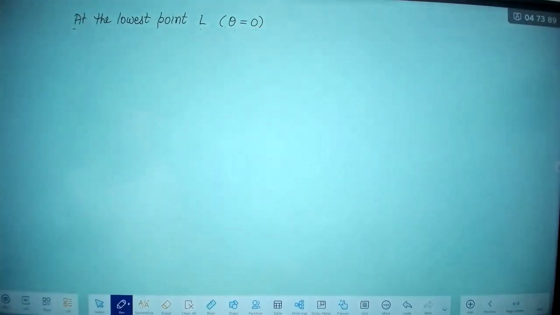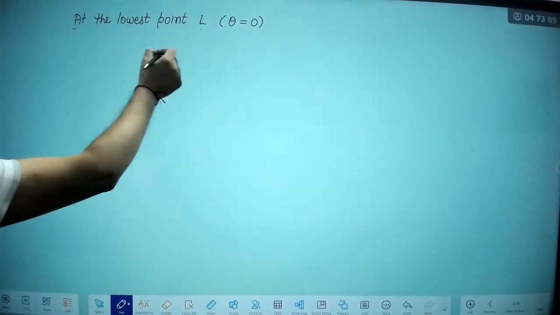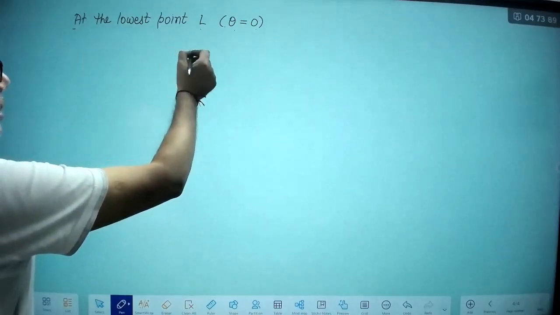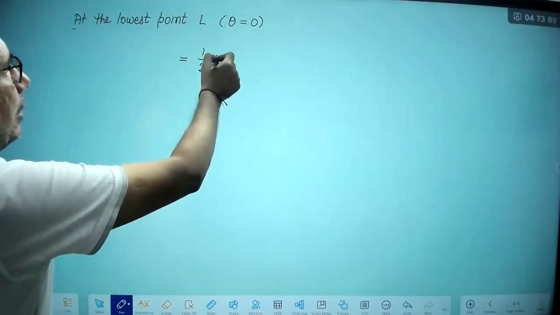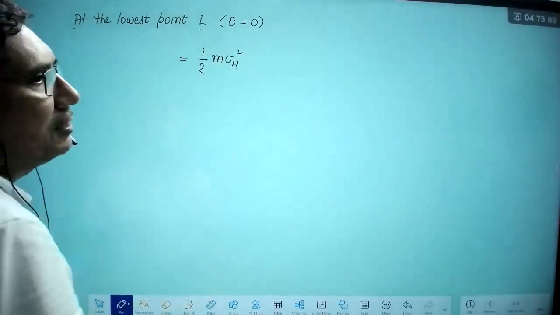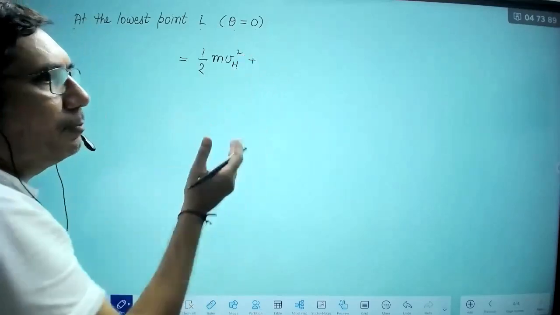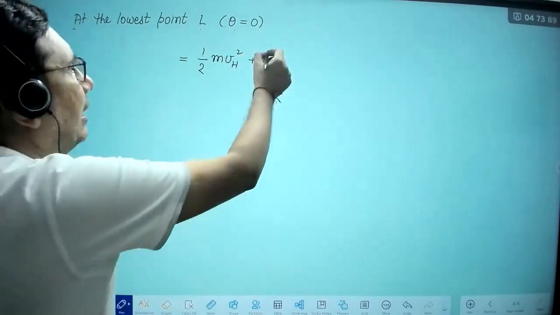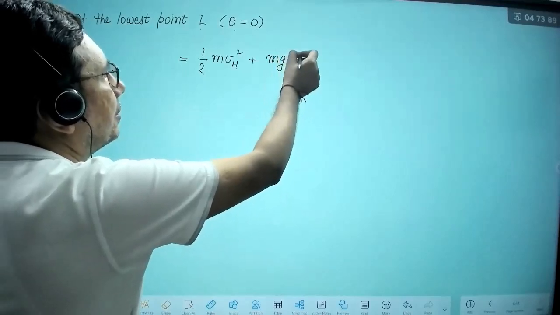So what I am going to say here is that at the highest point, kinetic energy will be 1/2 m vH square, and the extra potential energy with respect to the lowest point will be mg into 2r.